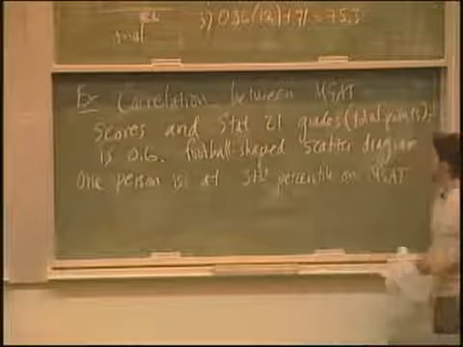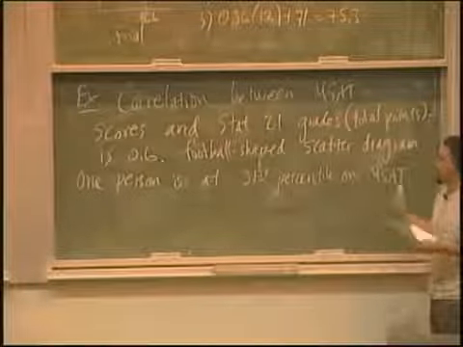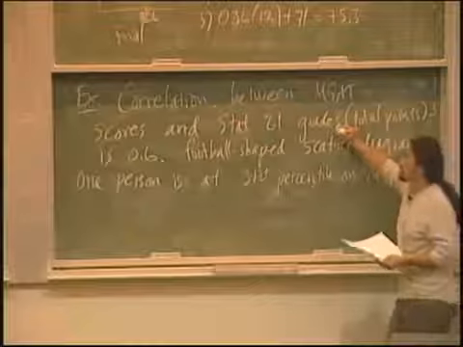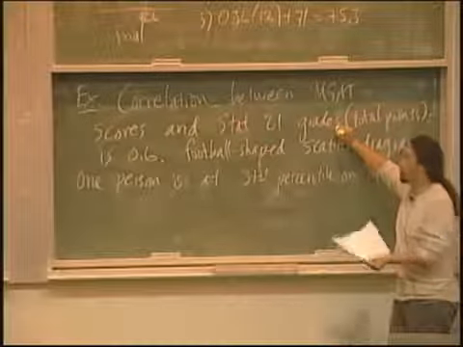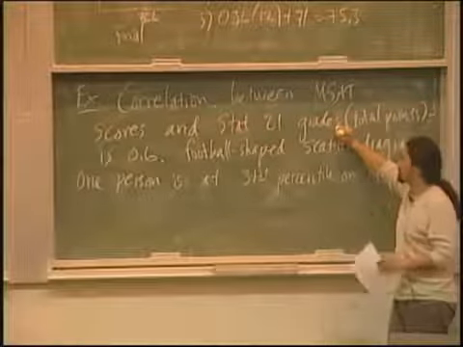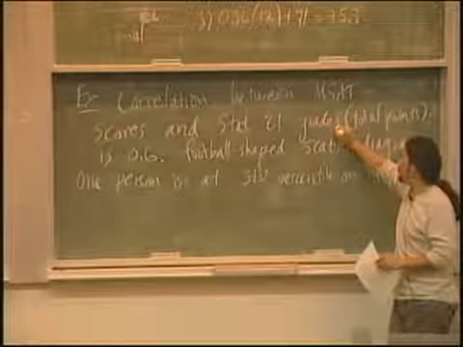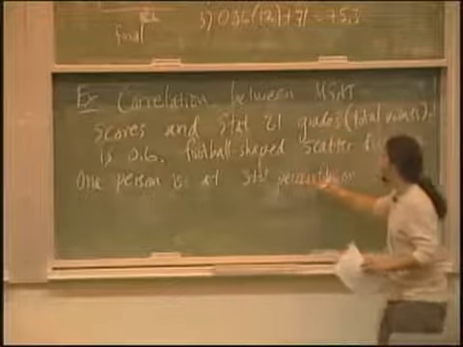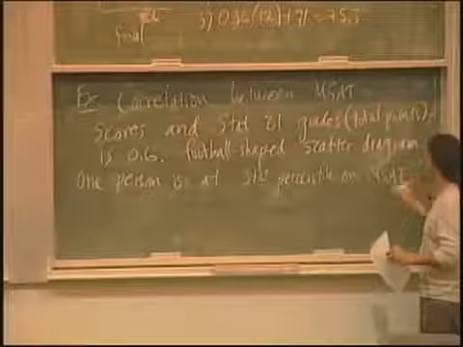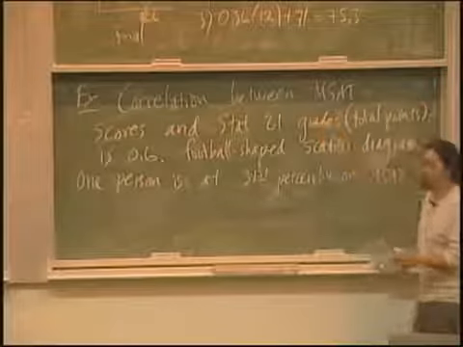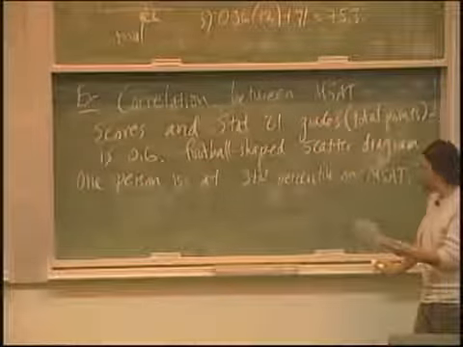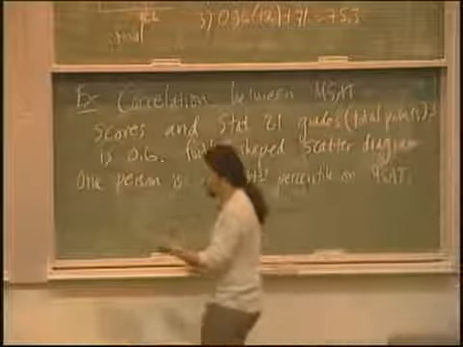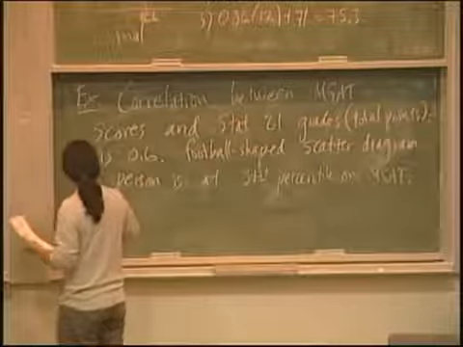Okay. And I mean this just as, obviously, this data only makes sense for people that took or are taking Stat 21. So yeah, this is 31st percentile on MSAT of the people that have Stat 21 grades. Okay, and now I'd like to ask this. So what is a good guess?